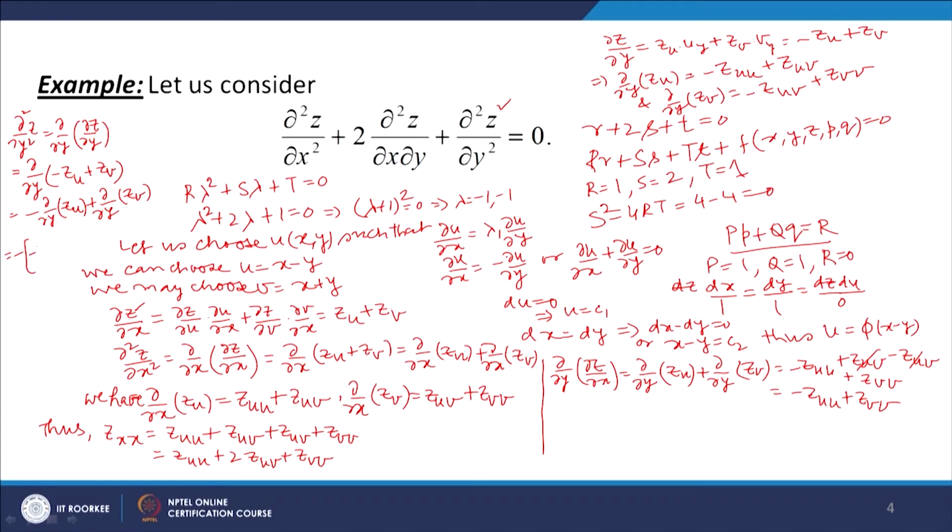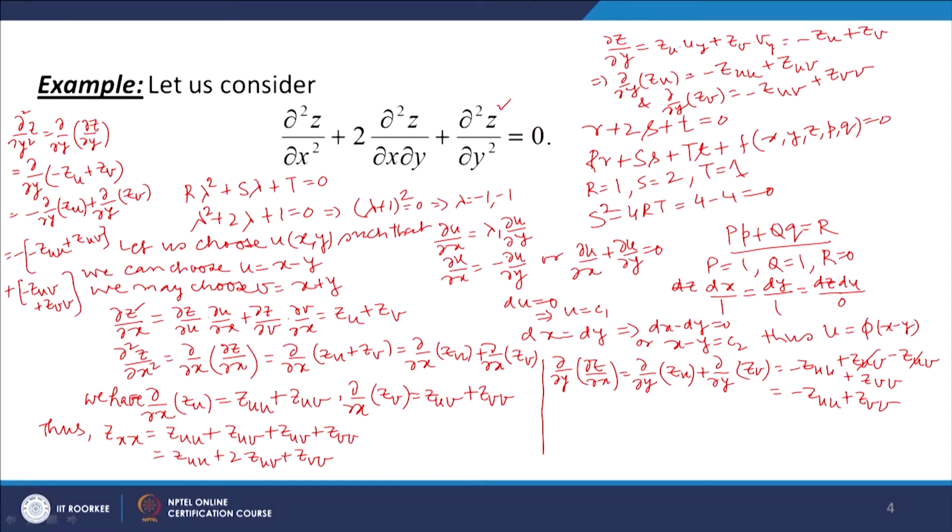So we get minus z_uu plus z_uv. And then we find the partial derivative of z_v with respect to y, replace z by z_v there. So we get minus z_uv plus z_vv.